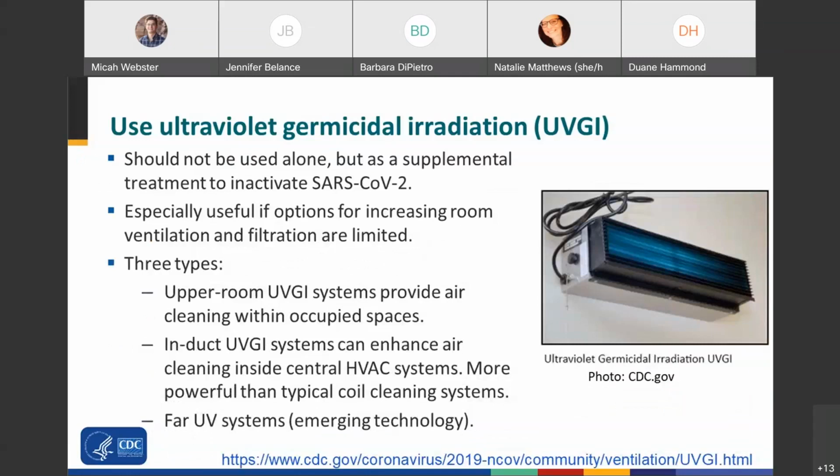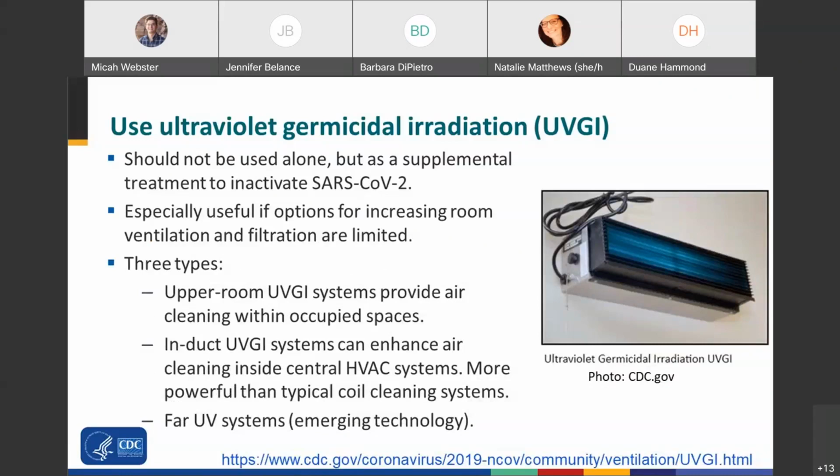Ultraviolet germicidal irradiation. It shouldn't be used alone, but as a supplemental treatment to inactivate the virus that causes COVID-19, especially useful if options for increasing room ventilation and filtration are limited. There are three types.